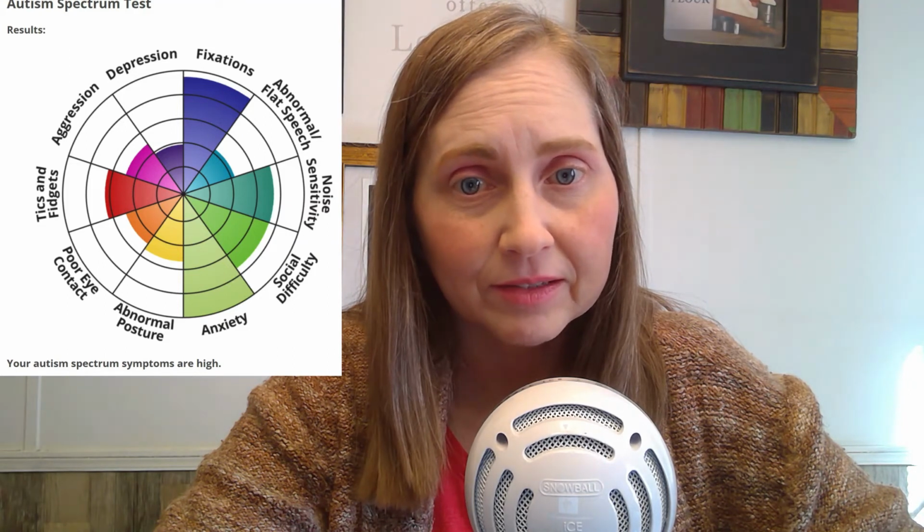So if we're looking at my wheel, it shows I have very, very high areas in a couple places and a lot of medium areas and then a couple low areas. So it looks like my biggest issues are anxiety is off the chart for me, and fixation comes in a close second.